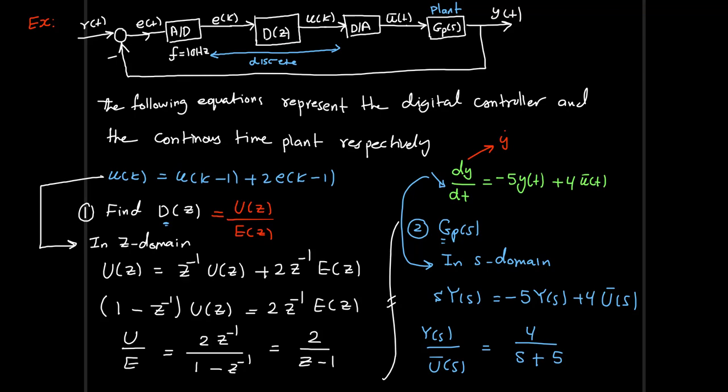Now let's assume that the whole device is used as a zero order hold. You know that the whole device can be a first order hold also, but the most common one is the zero order hold. So we need to find the closed loop pulse transfer function.